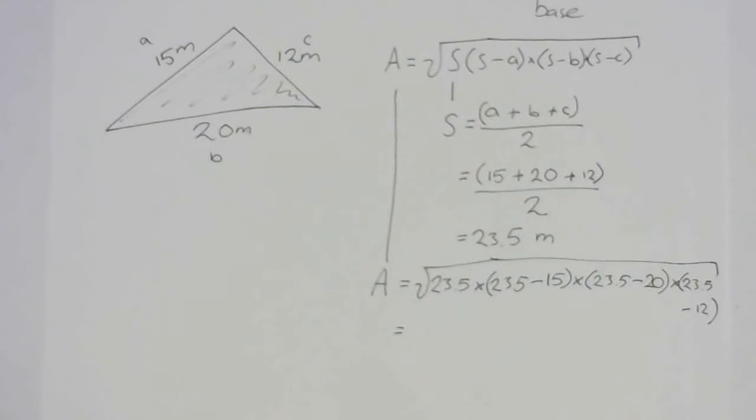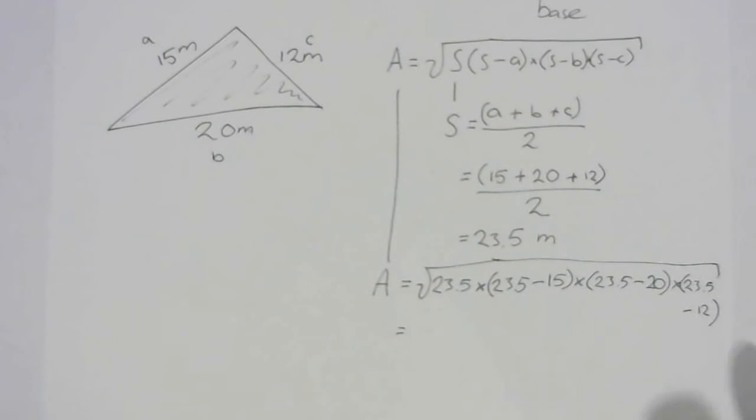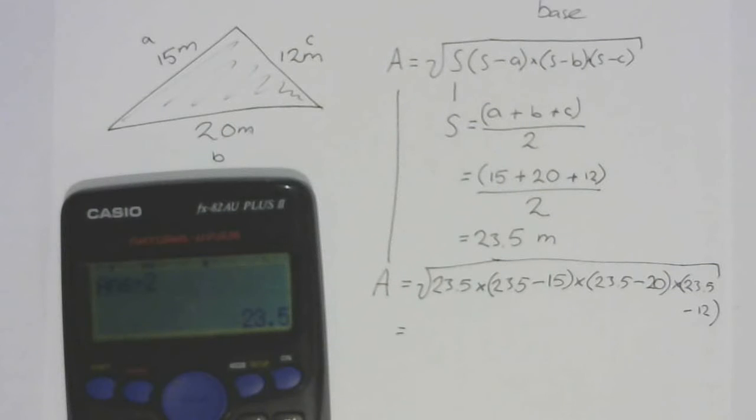Okay, and you can stick this all onto your calculator, and it'll give you your answer, or you can do this in parts. We're just going to stick this on our calculator, and I'll show you the calculator steps this time. So square root, and everything else here is going to be in those brackets. So 23.5 times open bracket 23.5 minus 15 close bracket times open bracket, exactly as we've written it.